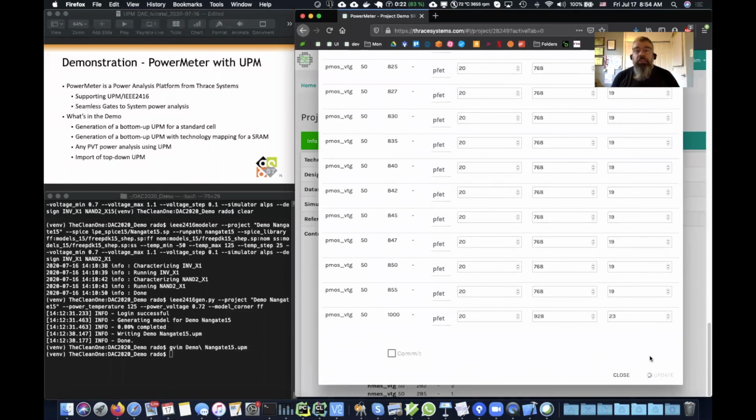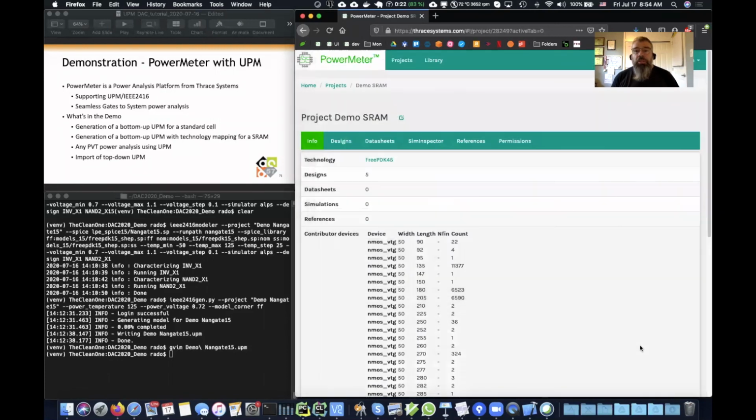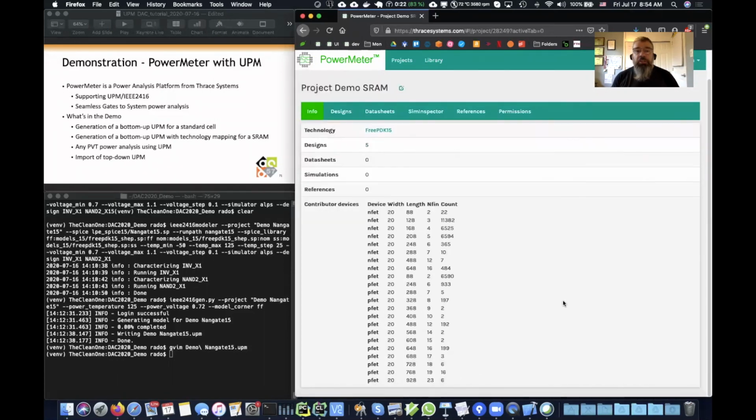The tool is going to take it, and it will map the memories' device types to the device types we use in 50 nanometer. There you go. You saw the change. Now we have memories which have been mapped from our source original technology of 45 nanometer to our target technology of 50 nanometers, and we have the data to generate UPM models for those.